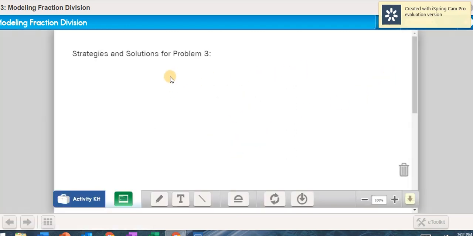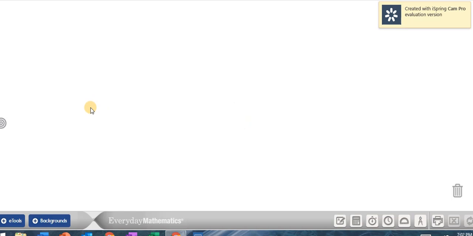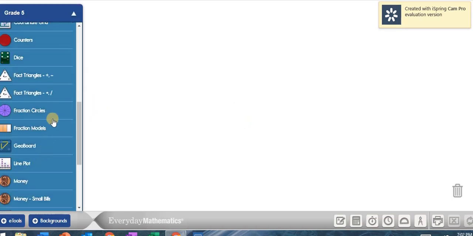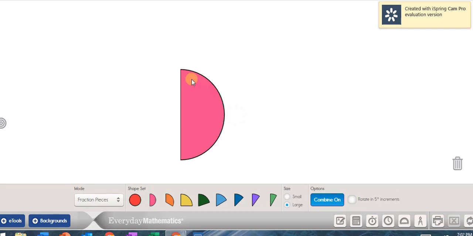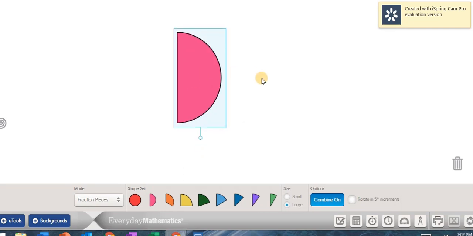A strategy to solve problem 3 is to use the fraction circles in your e-toolkit. We're going to come over to our e-tools, scroll down to our fraction circles, and change to pieces, because our pink piece is that 1/2 meter rope.